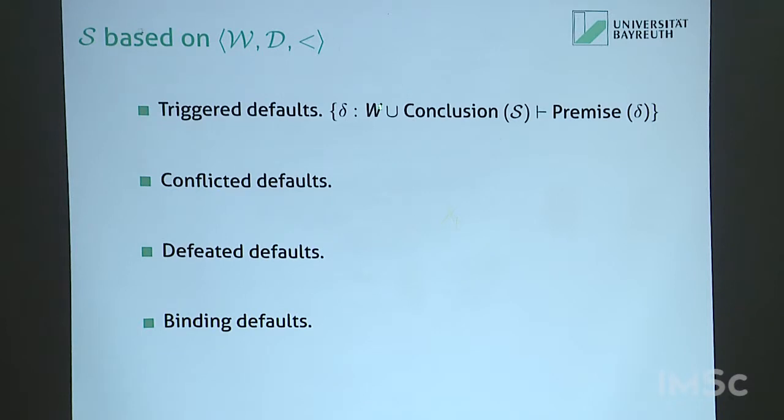So you start with your knowledge base. You look at whether this knowledge base entails, forget about the conclusion here for now, you just look at which of these the knowledge base entails the premises of some defaults you have. And these will be those that are triggered in the particular scenario.